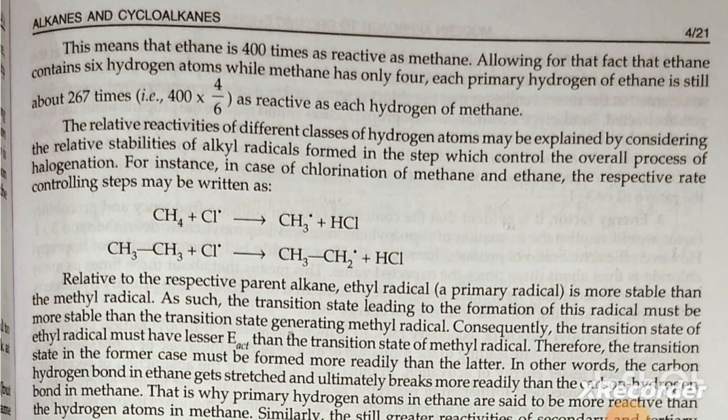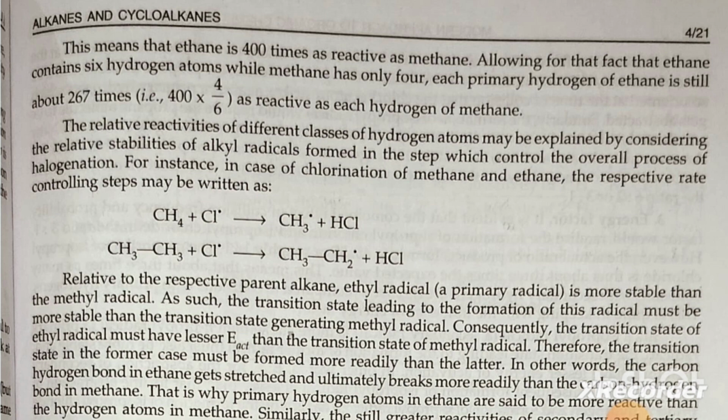This means that ethane is 400 times as reactive as methane, allowing for the fact that ethane contains 6 hydrogen atoms while methane has only 4. Each primary hydrogen of ethane is still about 267 times (400 into 4 by 6) as reactive as each hydrogen of methane.